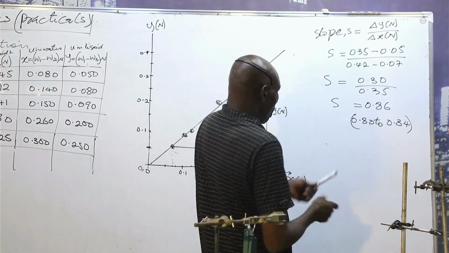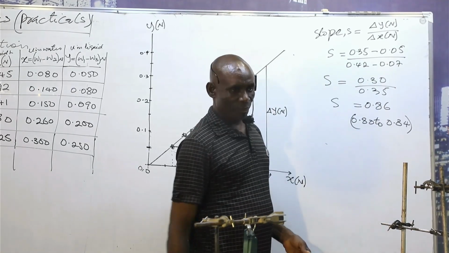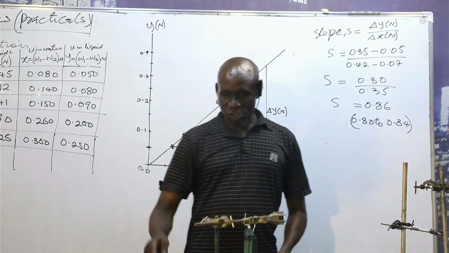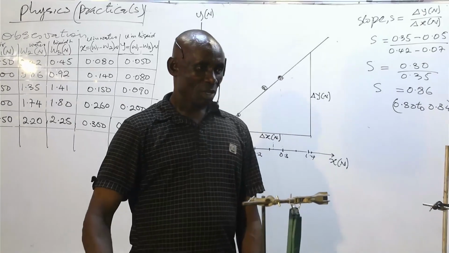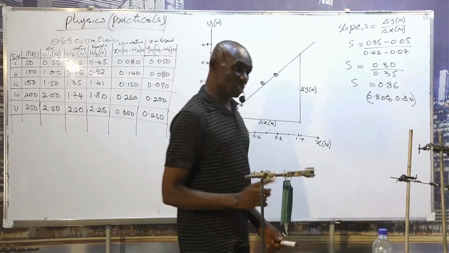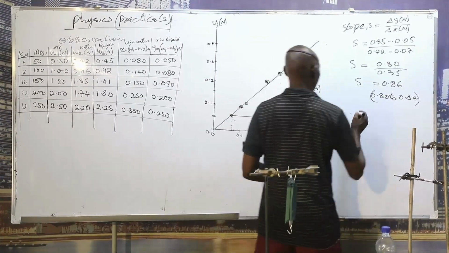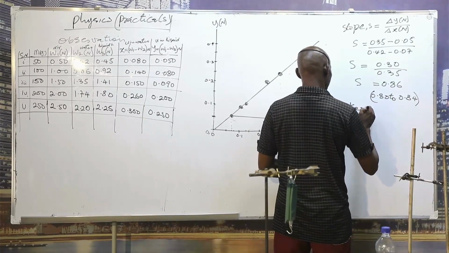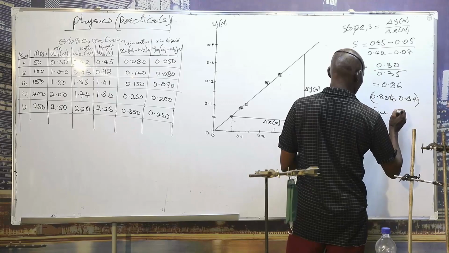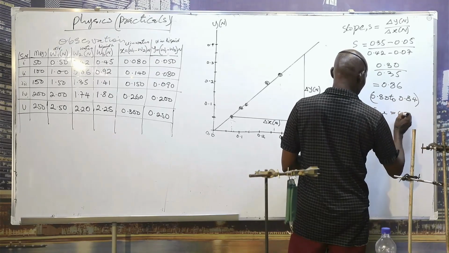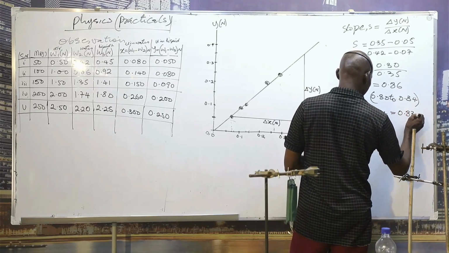This is the range of what I'm supposed to obtain, because the liquid here is said to be kerosene. And kerosene has a relative density of 0.83.